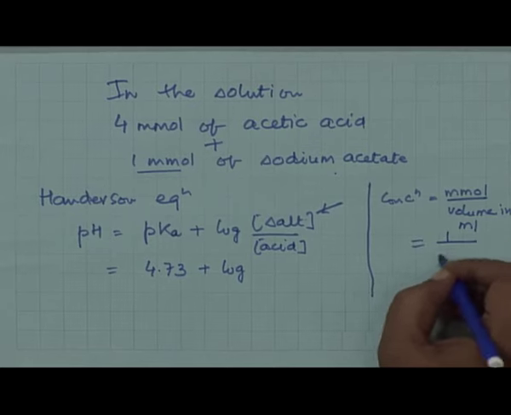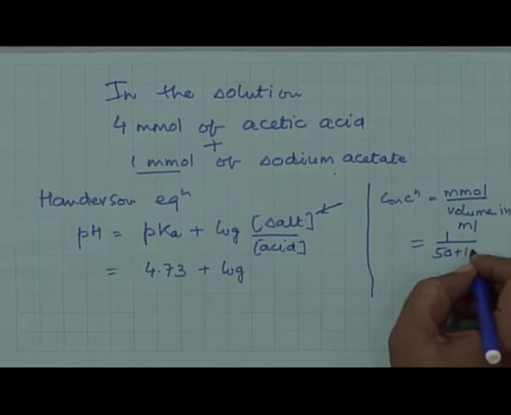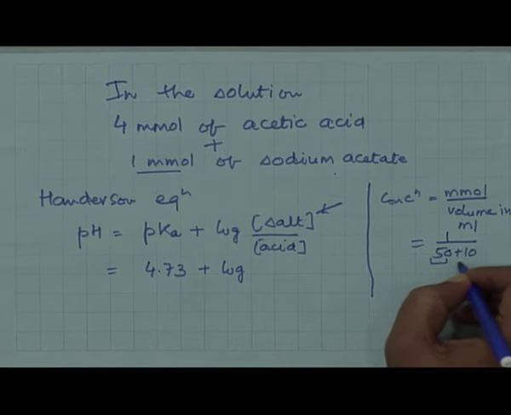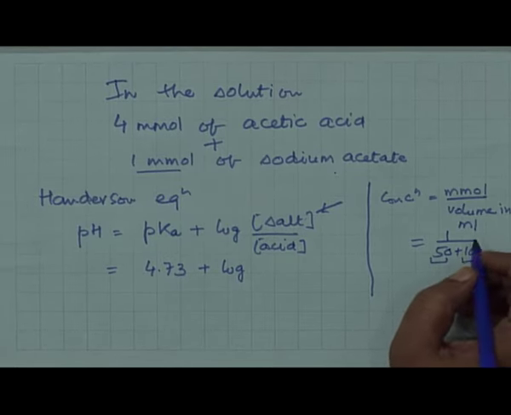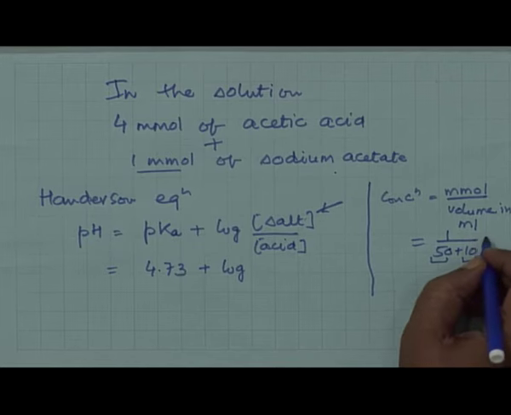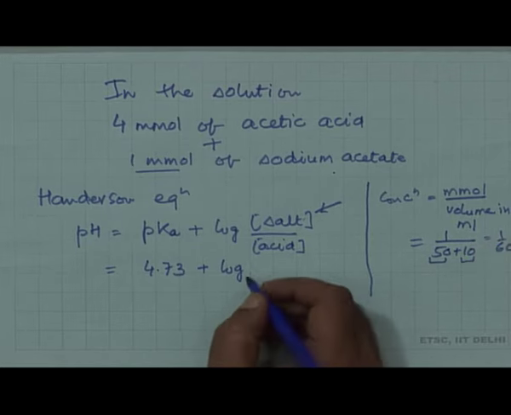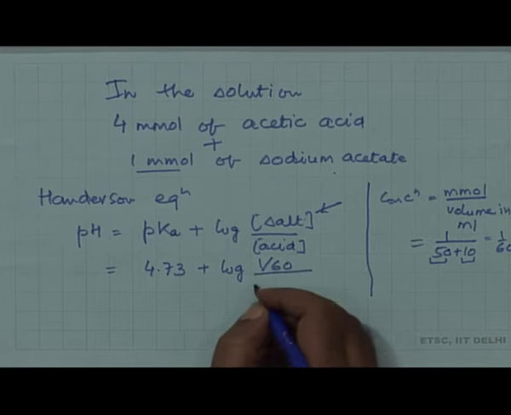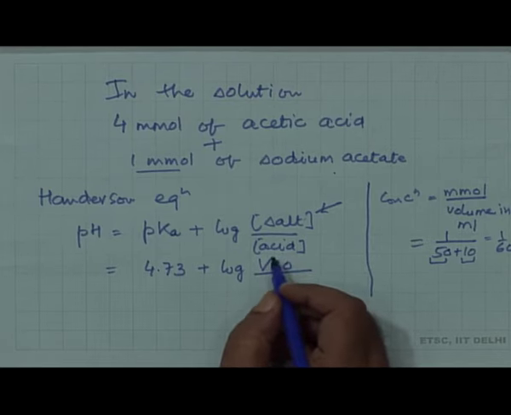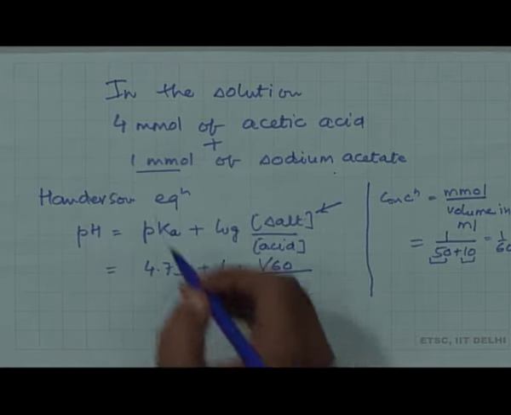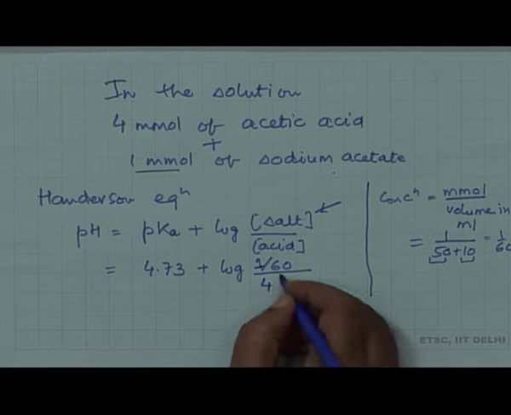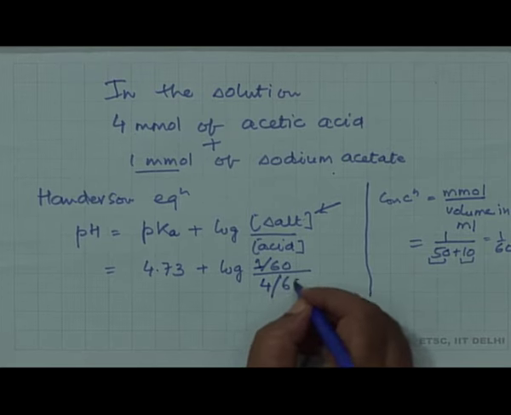So, 1 divided by volume, which is 50 plus 10, 50 of acetic acid and 10 of sodium acetate, so it is simply 1 by 60. The amount of acid is 4 millimole, so 4 divided by 60.